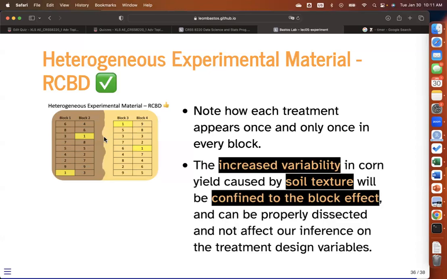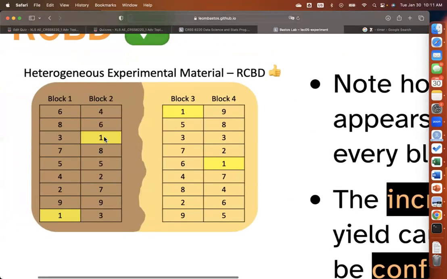So when we have a factor that we know is causing heterogeneity in our experimental material, we should use blocks, right? So your question is if the blocks should be, in this case, the columns or in a row setup, right? Yeah, so the blocks, well, let me ask you that.